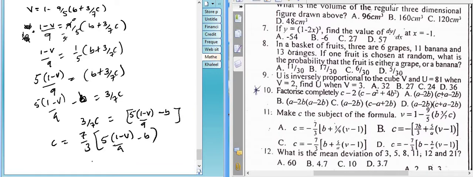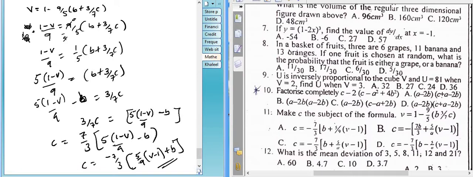So from here we can multiply both sides by negative, then we can say c is equal to minus 7 over 3 in curly brackets. Then here we can have 5 over 9, then this one we multiply by negative, it will be v minus 1, and this one multiplied by negative will be positive, that's plus b.